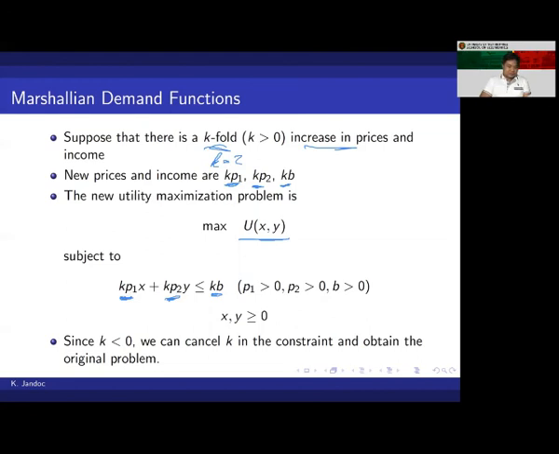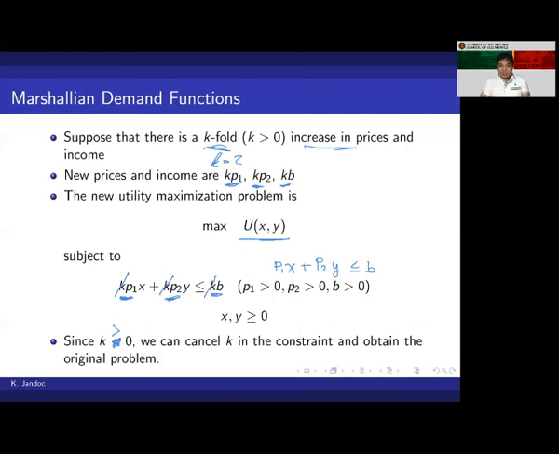Since k is greater than zero, we can just cancel all the k's in the budget constraint. So we're back to p1x plus p2y less than or equal to b. What does this imply?